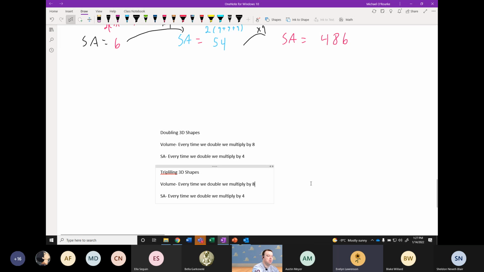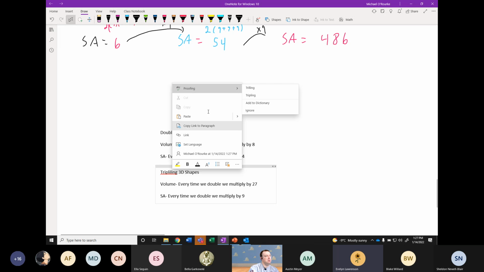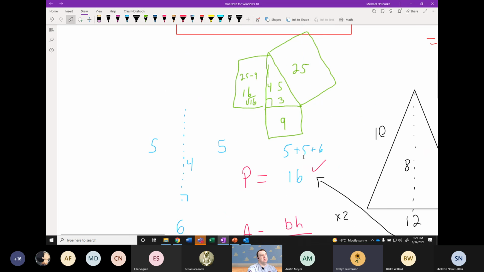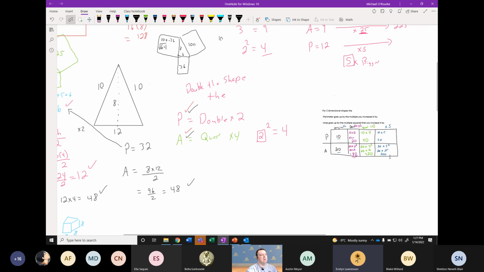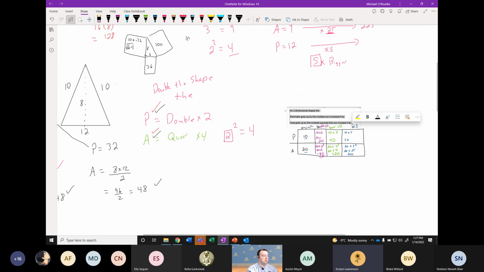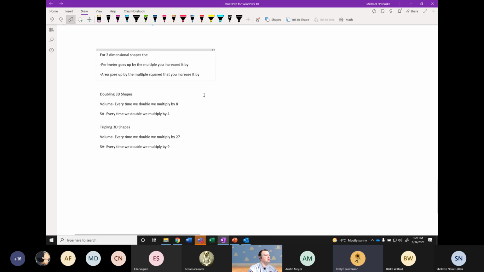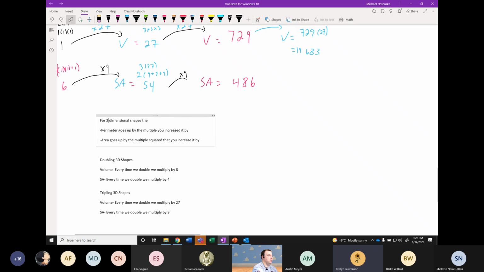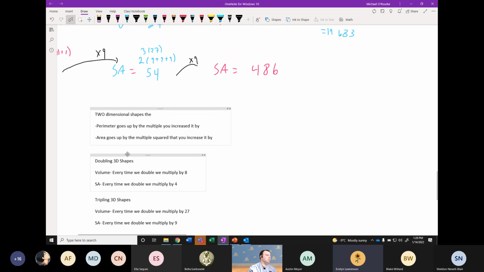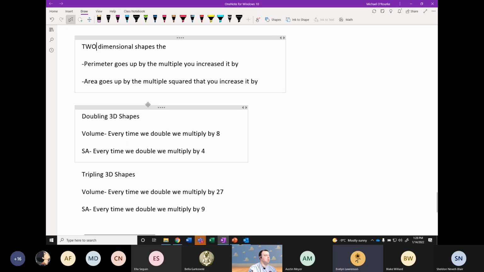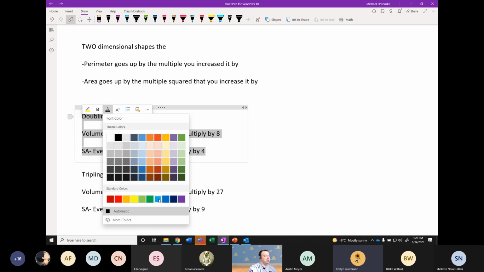Our number was 27, and this was by 9. So these are the 3 things you need to write down for today. I'm going to change that to a different color so it just stands out differently.